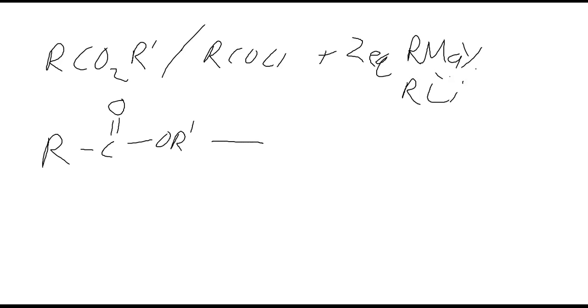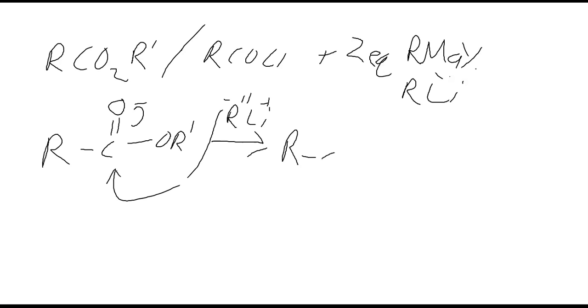Okay, organolithium, R double prime. So this is a minus, this is a plus, we're going to attack here, kick that up. So we have R, C, O, we'll just say O lithium, O, R double prime, well, actually, that's single prime.